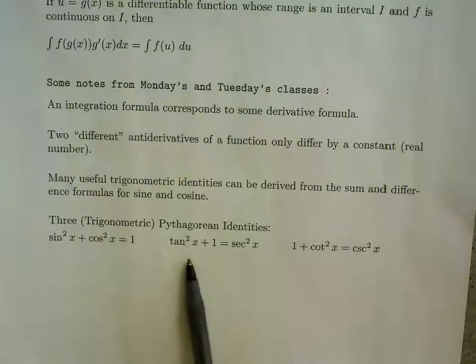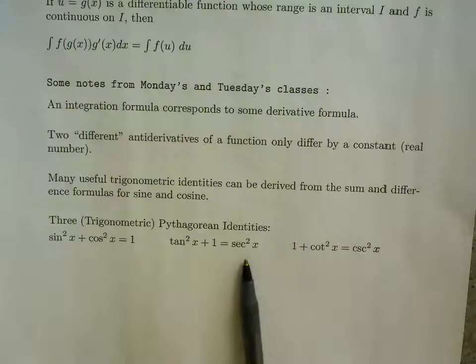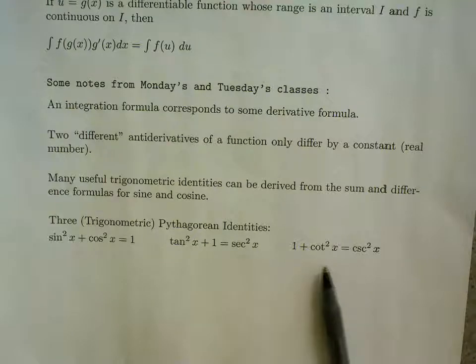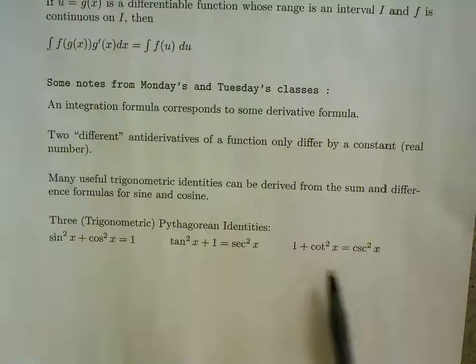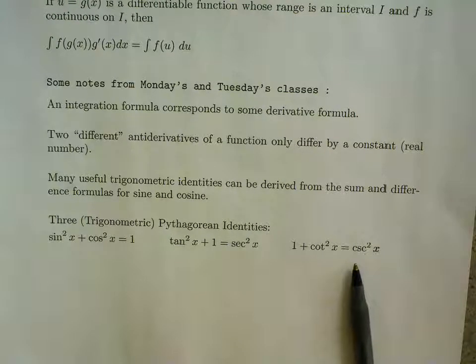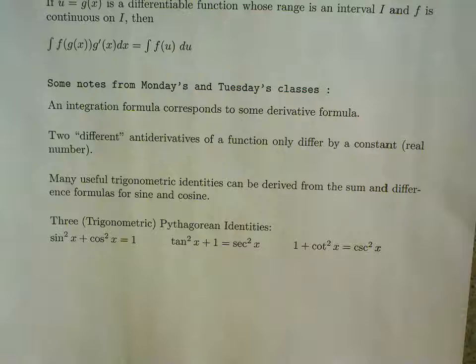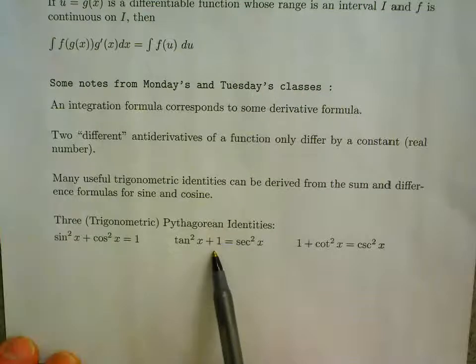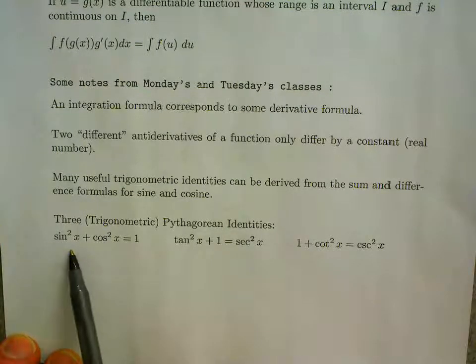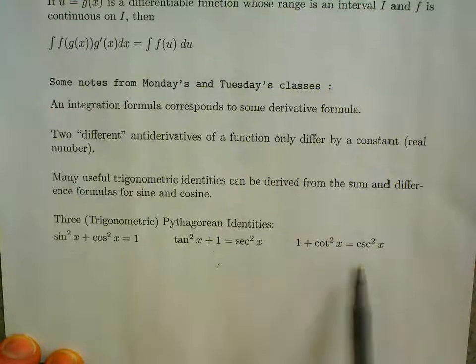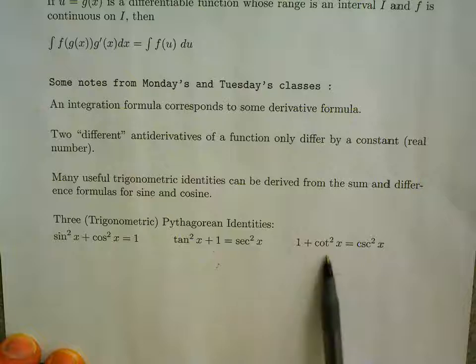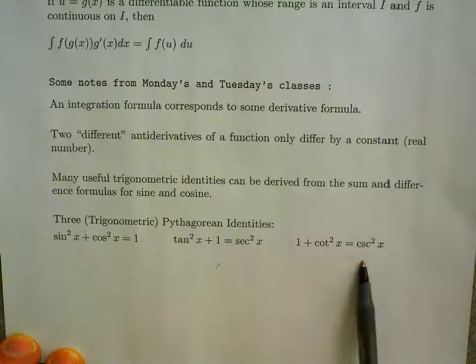Tangent of x squared plus 1 is equal to secant of x squared. And then the third one, 1 plus cotangent of x squared is equal to cosecant of x squared. So we derived the middle one from the one on the left a couple of days ago. How do we derive the third one, 1 plus cotangent of x squared equals cosecant of x squared?